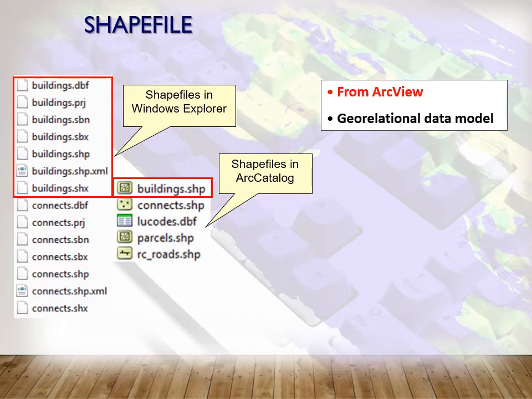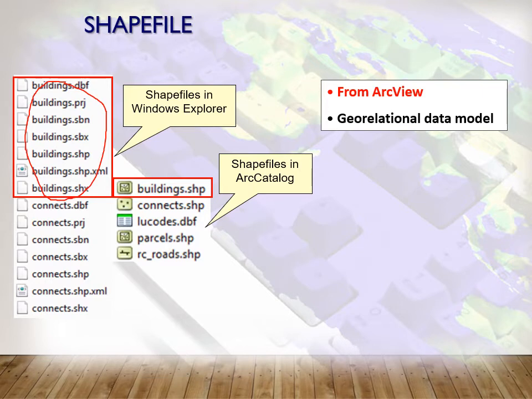Then we have a shapefile, which is also georelational, but there's no topology with the shapefile. Notice here that a buildings shapefile in Windows Explorer would have all these files associated with it. But if you look at these shapefiles in ArcCatalog, which is kind of like Windows Explorer but more specific to ArcGIS, it's just one.